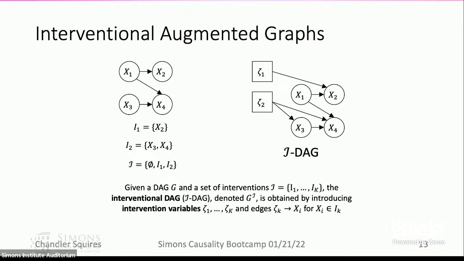This can get confusing at first glance: when we have a set of interventions, and we define each just by its intervention targets, forgetting whether it was a do intervention, a perfect intervention, or a soft intervention, then this is a collection of sets. This calligraphic I is always a collection of sets in my notation, and it defines this interventional DAG according to this construction.